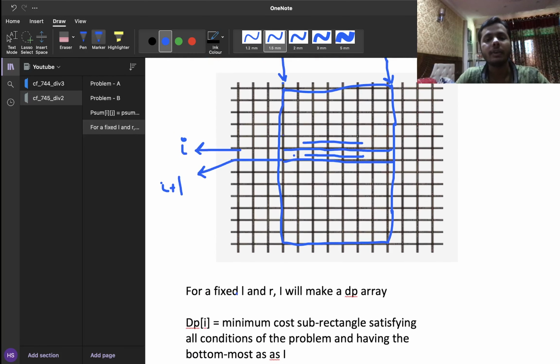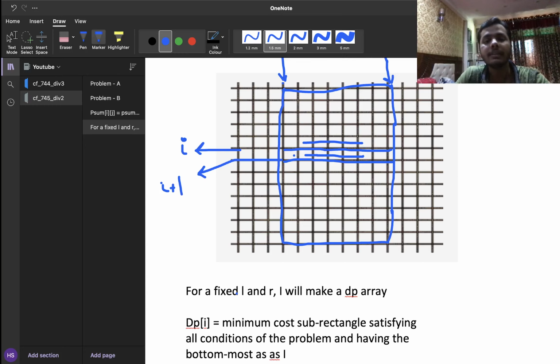But you might argue that the structure of the rectangle having a bottommost row as I, and the structure of rectangle having the bottom row of I plus 1 are different, right? Because in dp of I we considered the rectangles to have their bottom row I, so their ith row has to contain all the cells as black other than the corner cells, and in dp of I plus 1 all the cells in the I plus 1th row have to be black other than the corners, right? But that's not a problem for us.